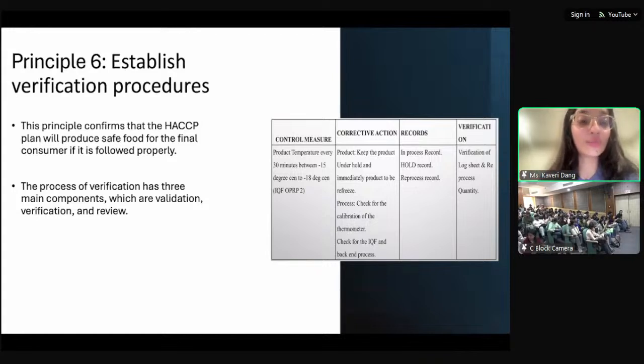After we held this product for 24 hours or 48 hours, what's the next temperature that it was found at? If the product is found to be at a good temperature after putting the product on hold, then it is good to release. So that needs to be documented. That needs to be verified and documented. So this is how you establish a verification procedure.